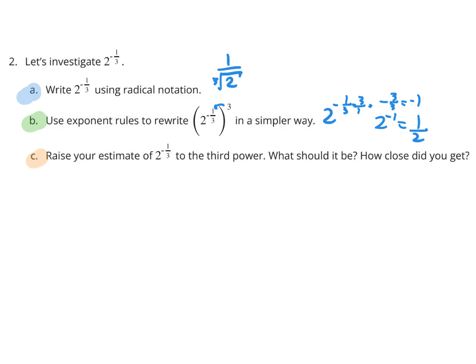And then for C, they want you to take the numbers that we estimated. 2 to the negative 1/3, raise it to the 1/3 power. You should get close to 0.5. You won't get exactly 0.5 because we rounded it off, and irrational numbers never end and never repeat, so approximations are a little off.